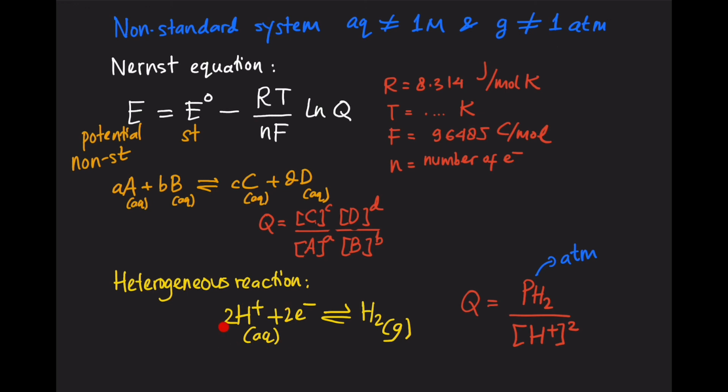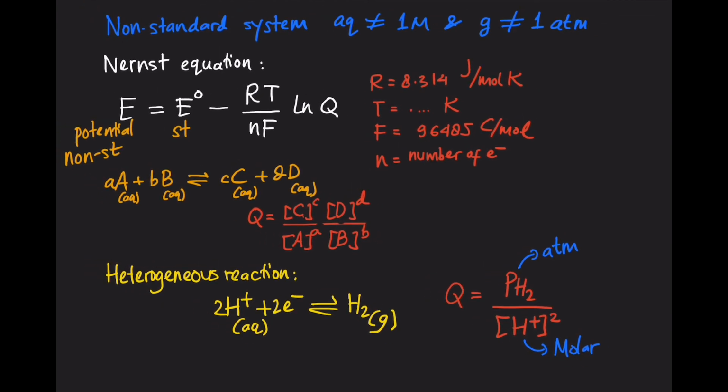While for the aqueous system, you will use the molarity. Don't forget again, power to the coefficient, which is to the second, because here you have 2. So down here, you will use molar. And the molarity in a non-standard situation will not be equal to 1 molar.